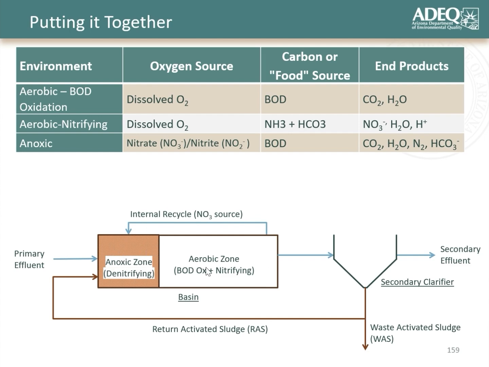This wastewater has no BOD because it's been oxidized, but nitrite is present. So now we're feeding in nitrite under the anoxic zone where there's no aeration being fed. And then in the primary effluent, we are bringing in fresh, raw wastewater with lots of BOD. So now we have a great environment for the denitrifiers to operate, where they can convert the nitrite to nitrogen gas and remove the nitrites.